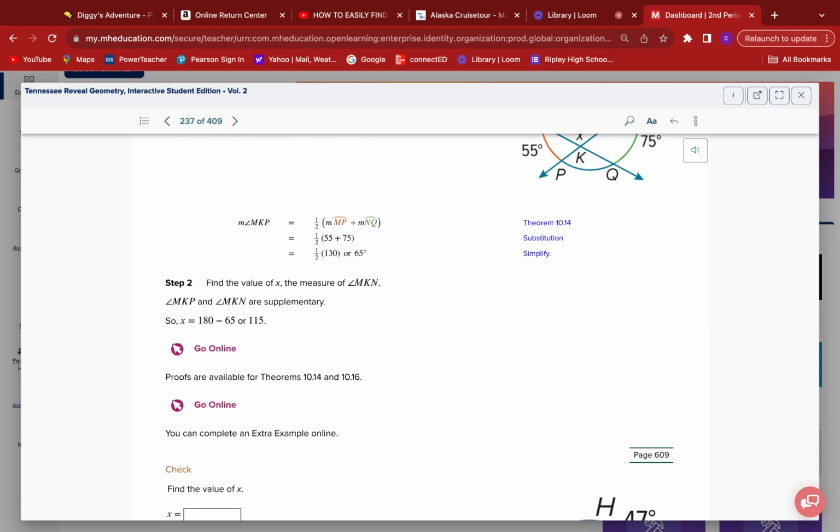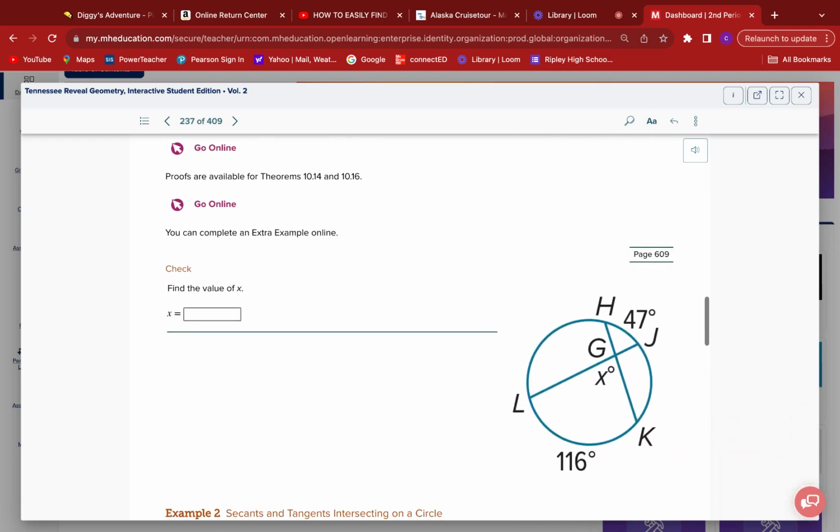All right, turn the page. We have a check. Now, in this check, the angles formed are inside the circle in the interior. That means you're going to add up the 47 and the 116 and divide by 2. What that gives us are the angles that form the arcs, this and its vertical X. So there's no subtracting from 180 here.